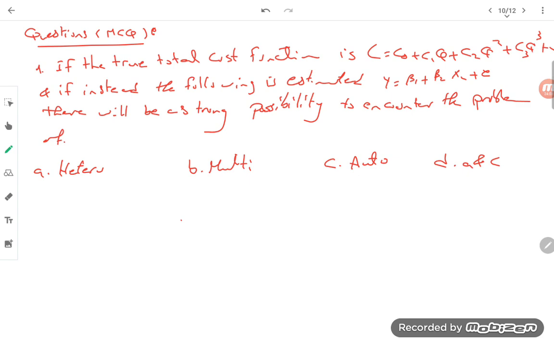If this is an MCQ question and it's required to find which problem there is a strong possibility to find in this equation, the problem of autocorrelation is the expected problem in this case.